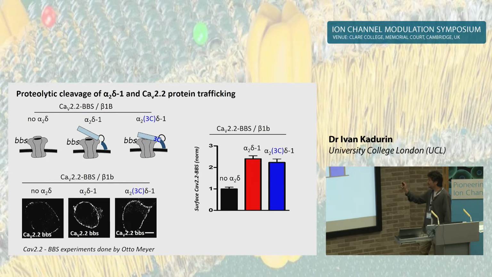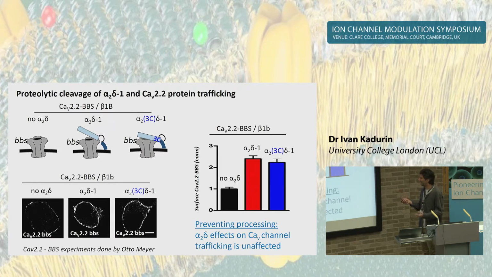Interestingly, we found that, as was shown before, alpha-2 delta increased the relative surface expression about 2.5-fold, but 3C alpha-2 delta also did increase it. So the effect on plasma membrane expression wasn't abolished. So it's not an effect on surface expression.